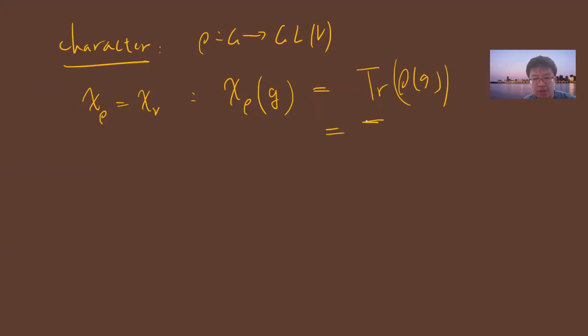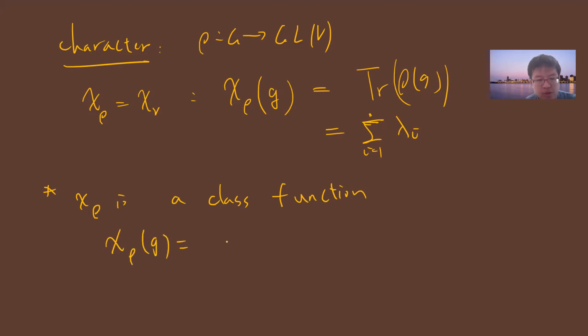Obviously this is just the sum of the eigenvalues. This is the character. Obviously the character is a class function. Class function means that chi_rho of g is the same as chi_rho of h g h inverse. This comes from the trace.